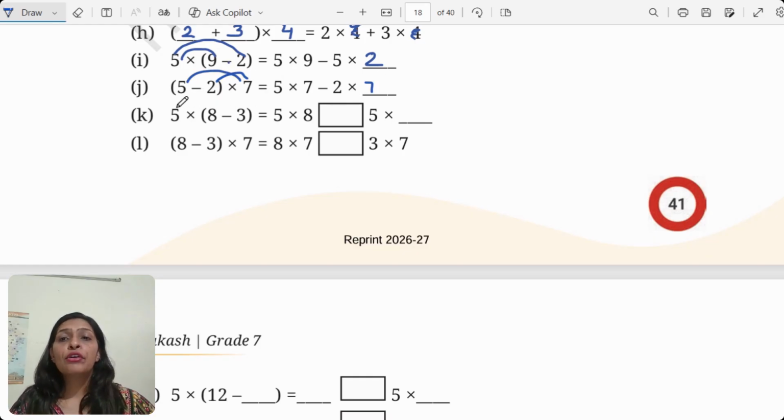Then we have 5 multiplied by 8, and in between we have a negative sign, so negative will come here, and then 5 multiplied by 3.